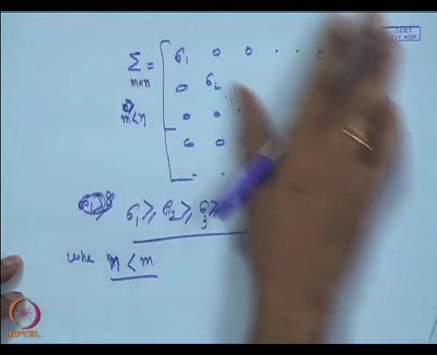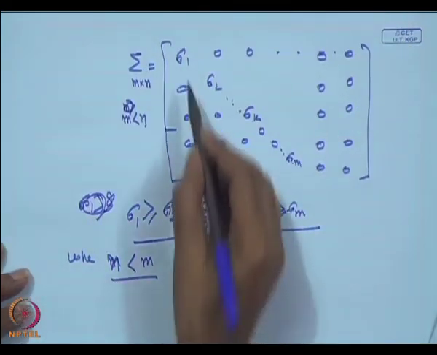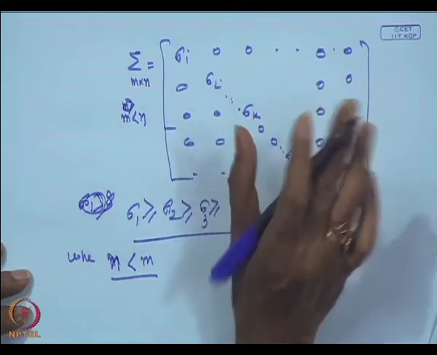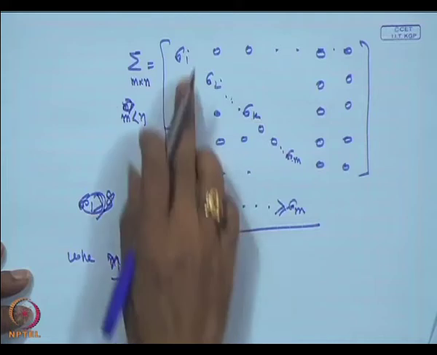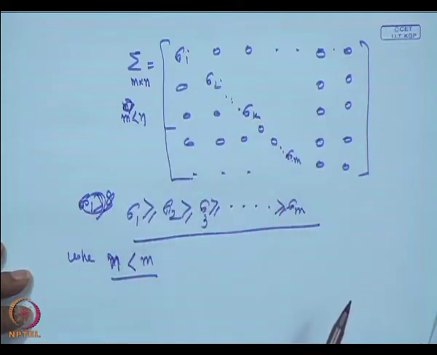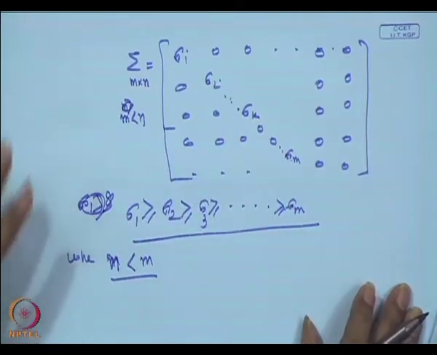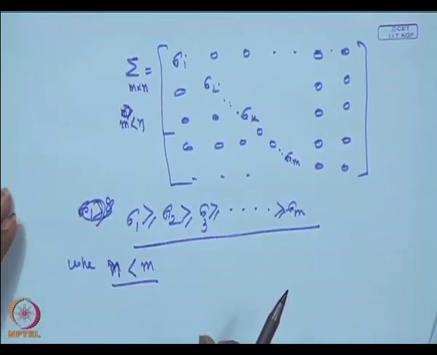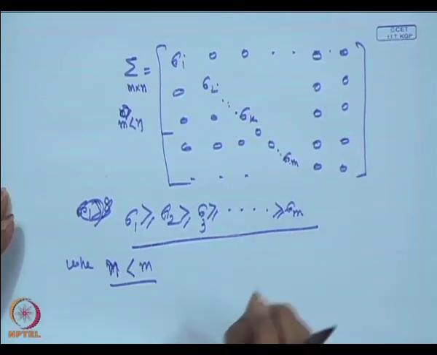So, all sigma 1, sigma 2 are positive non-zero or non-negative quantities up to this m, and using this structure we can find out the H infinity norm of a multi input multi output system.